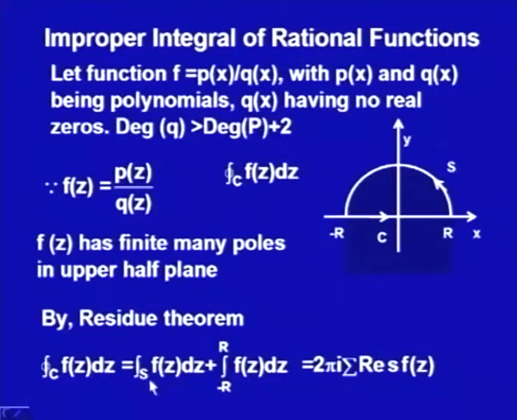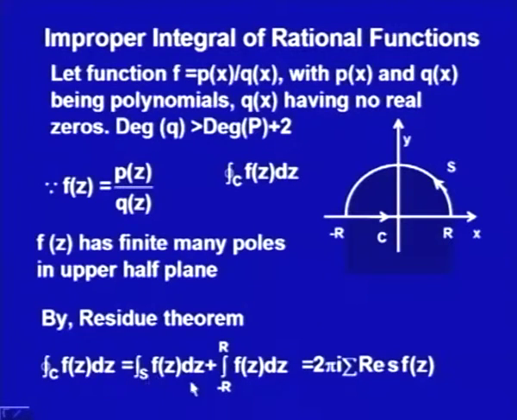And now, what remains to show is that this improper integral is this minus the integral along the contour S of f(z) dz, where S is nothing but the half circle or semicircle.